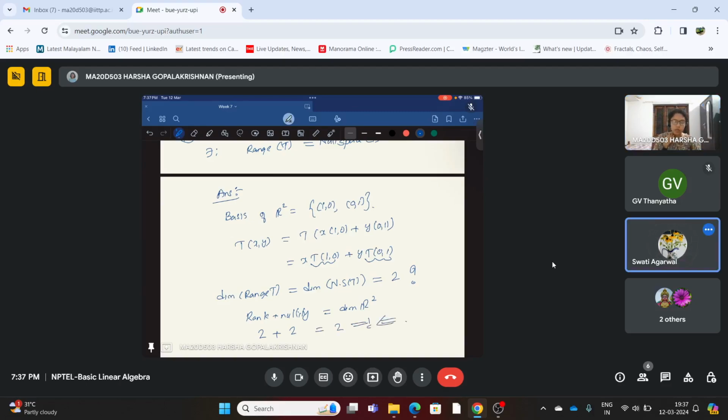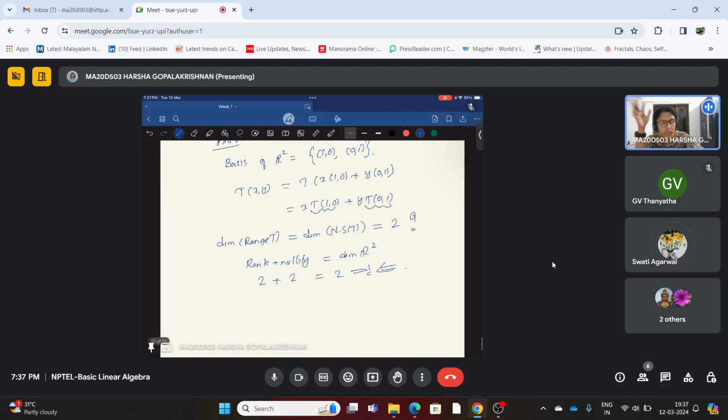For example, if our map T is the zero map, what is the range? Range means all the values to which T is mapped. If I am mapping everything only to 0, that means T of (x,y) equals 0 for all (x,y). Then the range is only the 0 element, right?